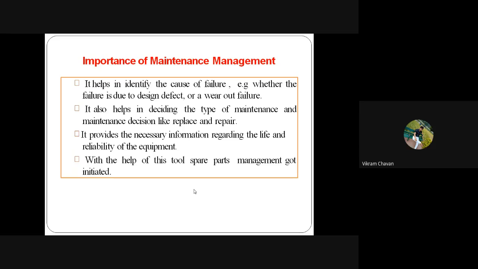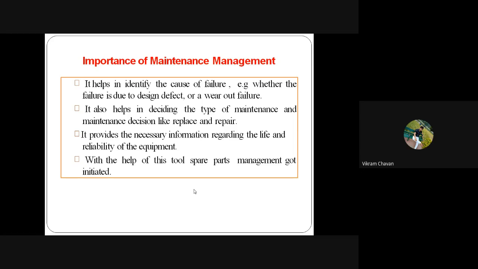Maintenance management also creates the policies related to replacement and repair, so it will provide a guideline for the workers or members of the maintenance department, and according to that guideline, it will be easy for the worker to take action on certain failures or problems in that machine or facility.